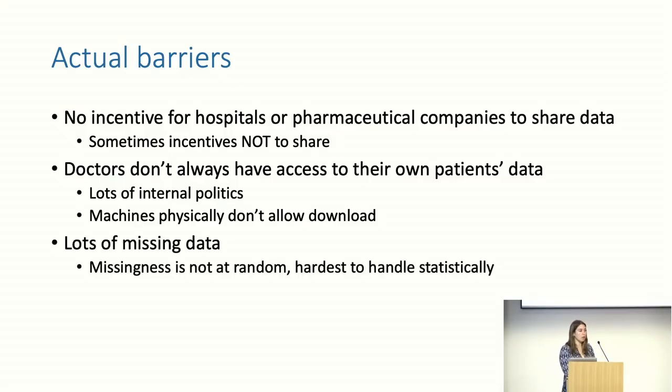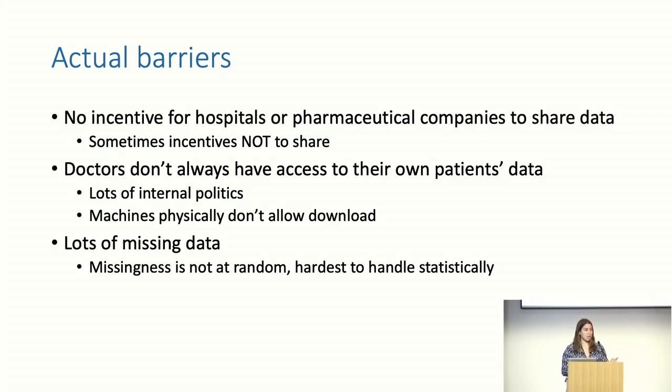One more big problem is that there's lots of missing data. And in particular, it is missing not at random, which from a mathematical perspective is the hardest case to handle. For example, if there are no test results of a kidney blood test, it's because the doctor thought it was important to not order it.